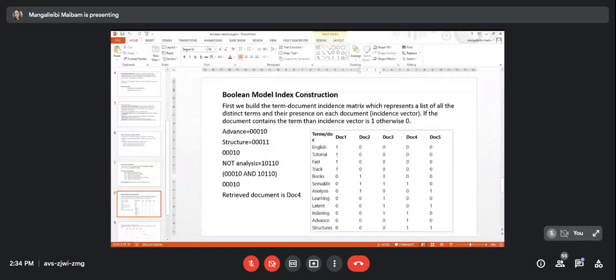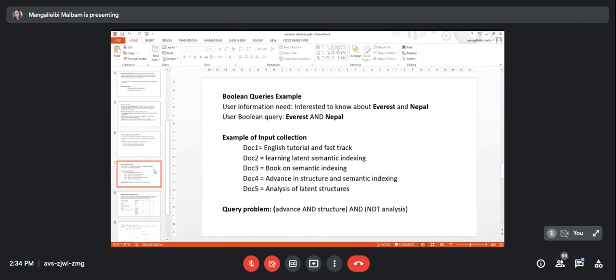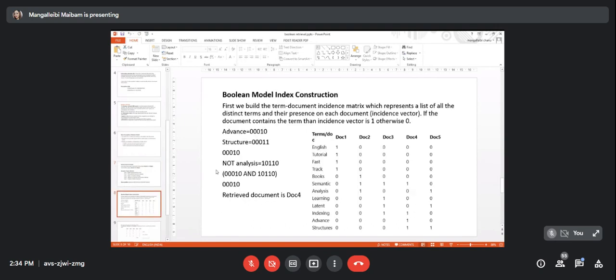Let us see how. I am writing the terms vertically and the documents horizontally. English is the first term, right? I check if it is present in document D1. Is it present in D1? Yes. So I represent 1 here.